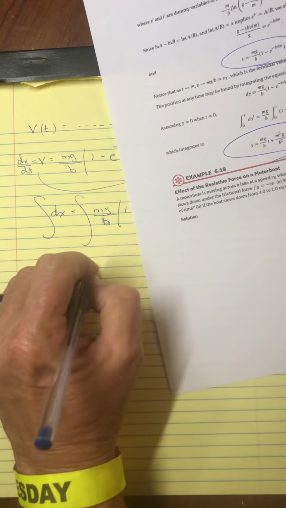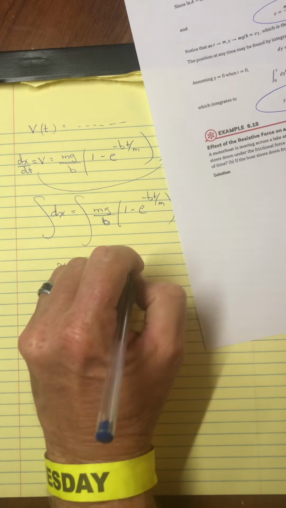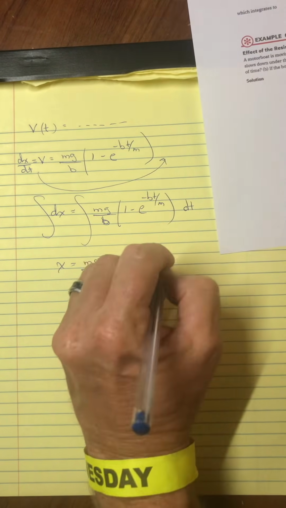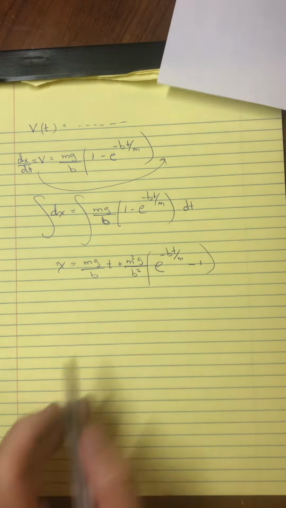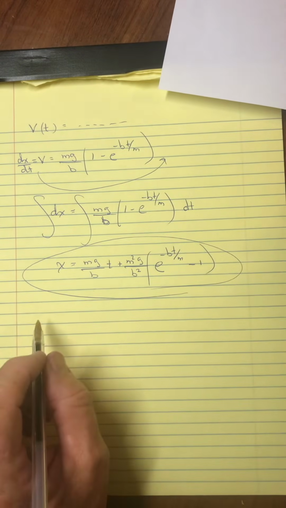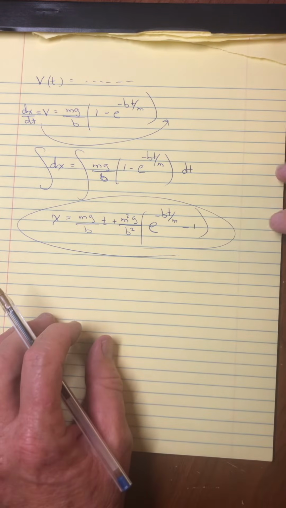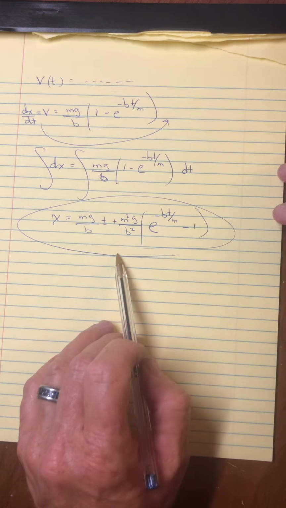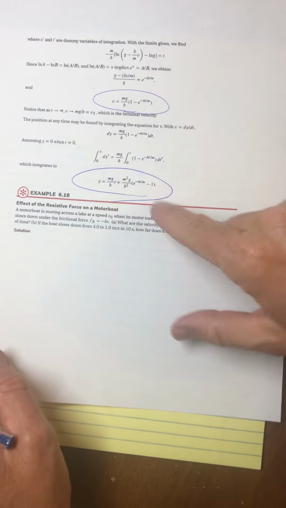And that would be mg over b times t plus m squared g over b squared times e to the minus bt over m minus 1. So, again, way beyond the scope of this class. Like I said, my engineering students even struggle with this, big time. Which is, again, why I'm sure the author works it out, because even the engineers can't seem to work it out. They just got to go back and watch the author work it out.